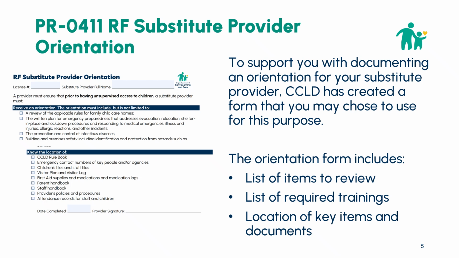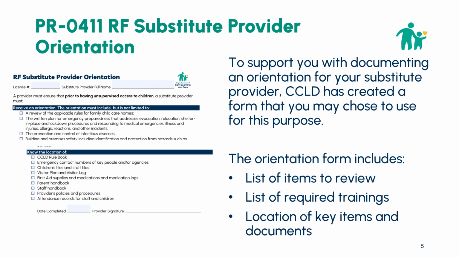To support you with documenting an orientation for your substitute provider, CCLD has created a form that you may choose to use for this purpose. PR-0411 is designed to be a checklist of everything you need to cover with a substitute, with a place for them to sign. This would then be put into the substitute provider's staff file.